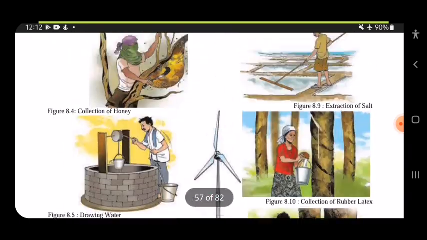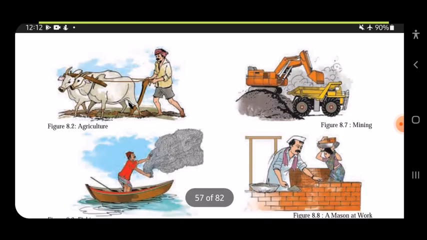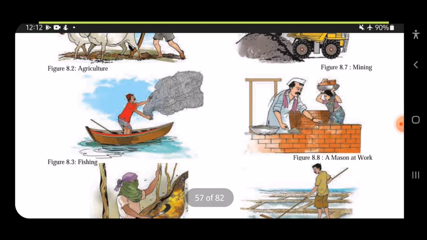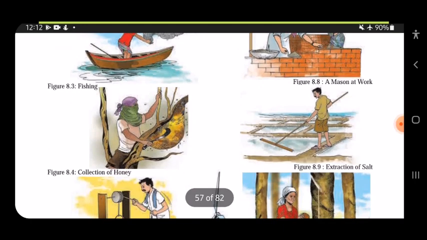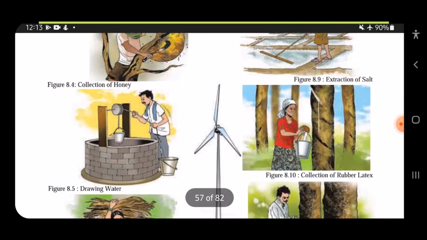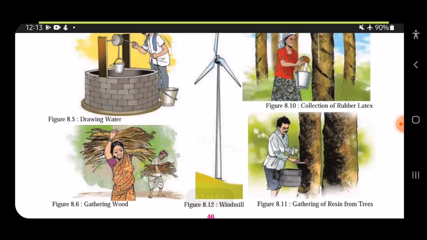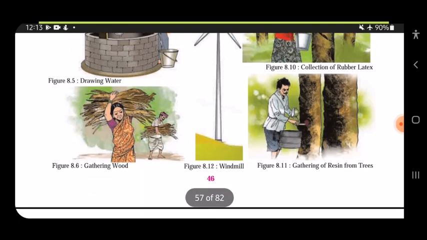Now, when they are doing something, they are getting something from that. For example, 8.3 is showing that the man is fishing. Now, why is he fishing? So that he can obtain something, that is fish. And here you can see collection of honey. What is he obtaining? Honey. Over here there is collection of rubber. Then drawing water, taking out water. So they are getting something, obtaining something.